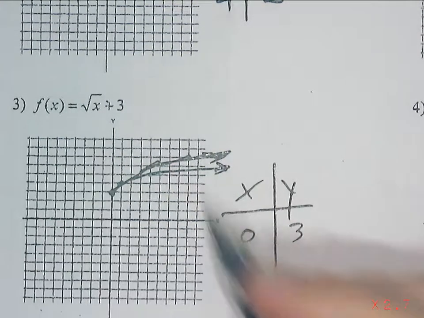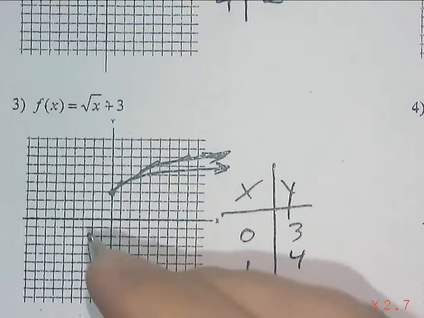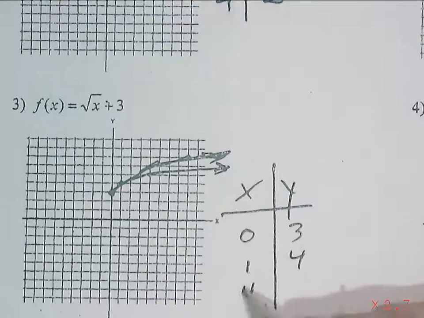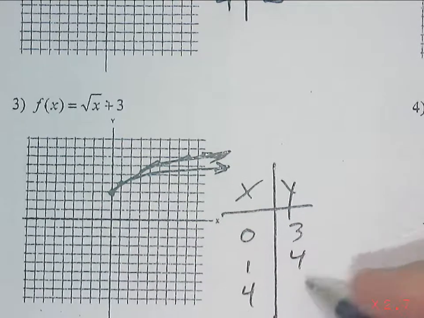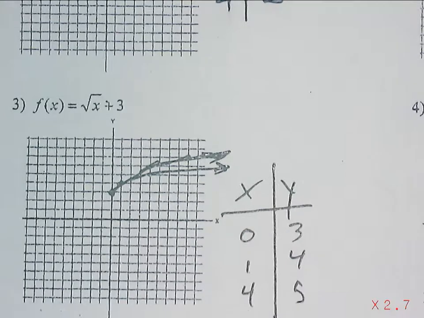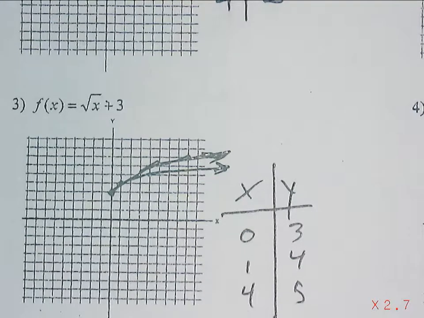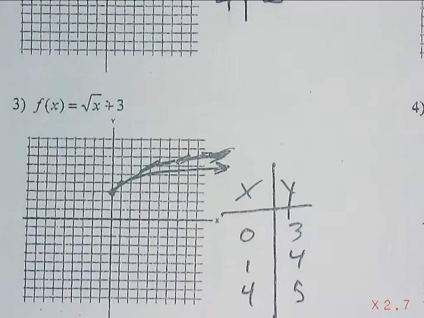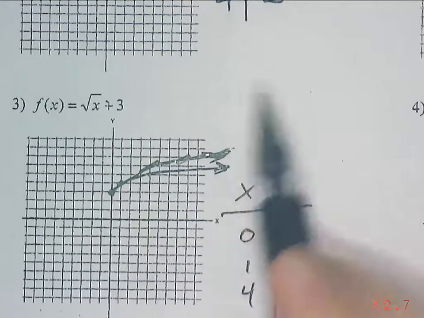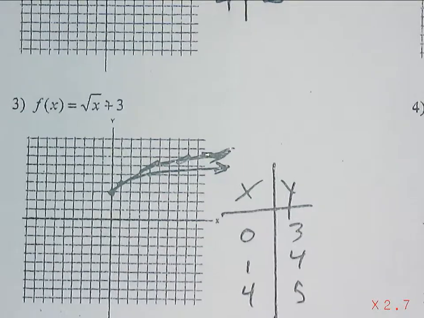Square root of 1 is 1. 1 plus 3 is 4, which is why I went to 1, 4. And then the square root of 4 is 2. 2 plus 3 is 5, not 6. That was my problem. Okay. And that is how you do square roots.